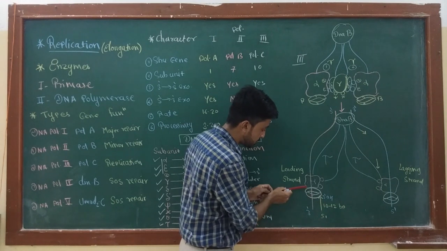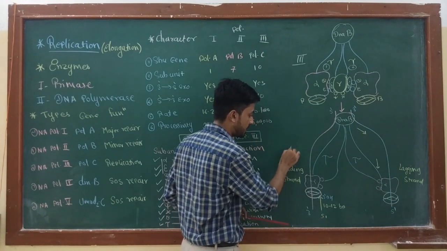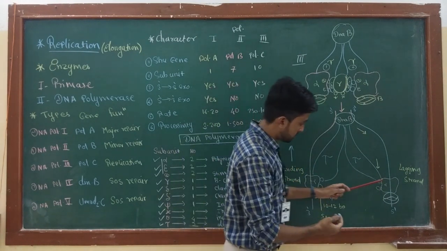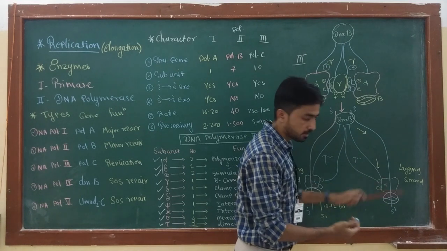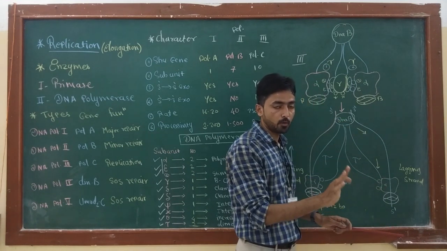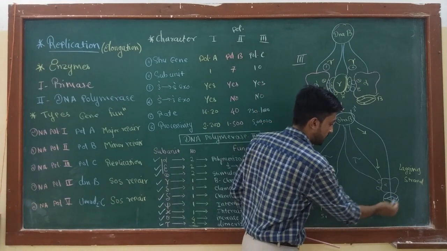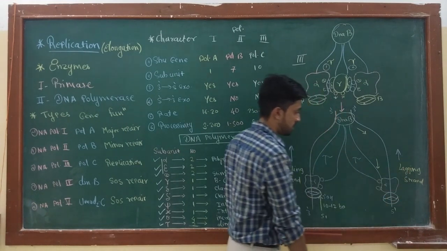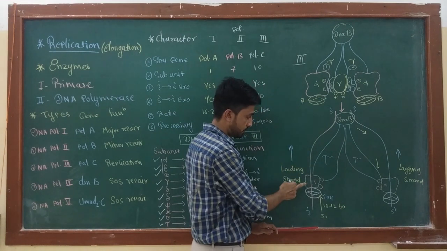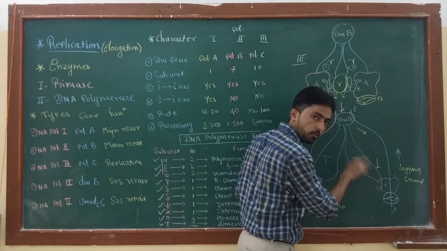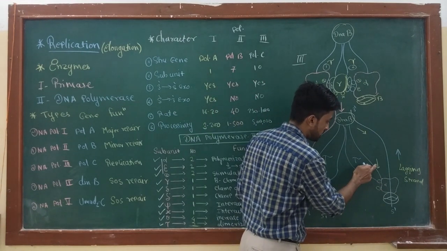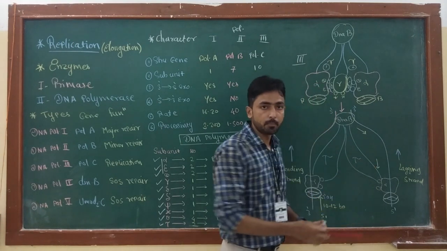So what happens is, when this polymerase moves on the leading strand in upward direction, the polymerase on lagging strand also moves without forming new DNA strand. Why does this happen? Because when this polymerase moves in upward direction, on the way the polymerase gets a primer, which is produced by primase enzyme.